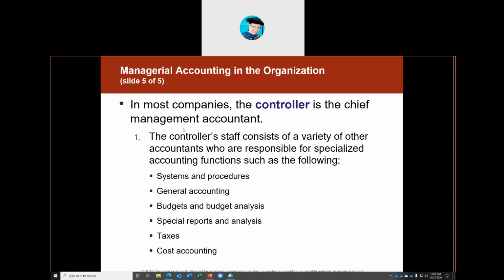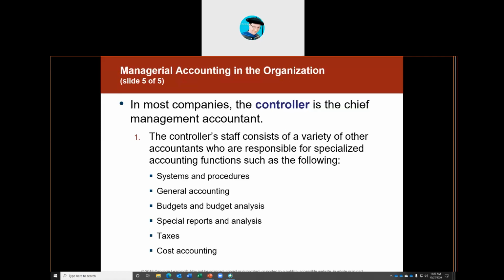In accounting, most companies have a controller that's responsible for the accounting of the organization. For example, those of you who know me, I was a financial controller for 15 years. I was a financial controller for Radisson Hotels for several years. Before that, I was a financial controller for retail organizations.